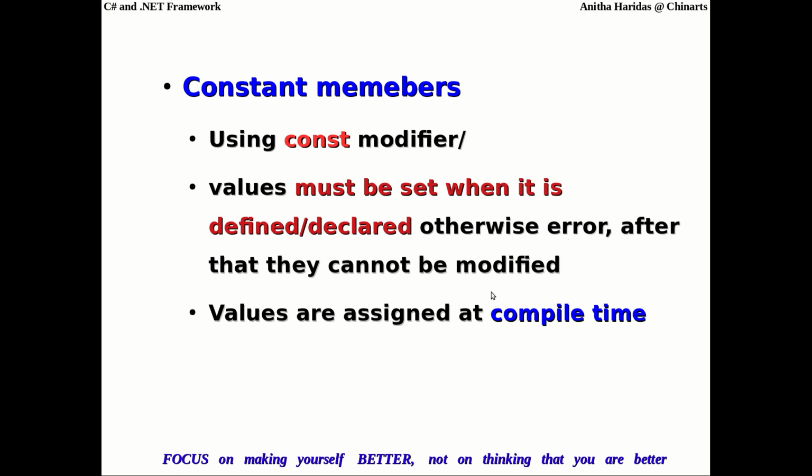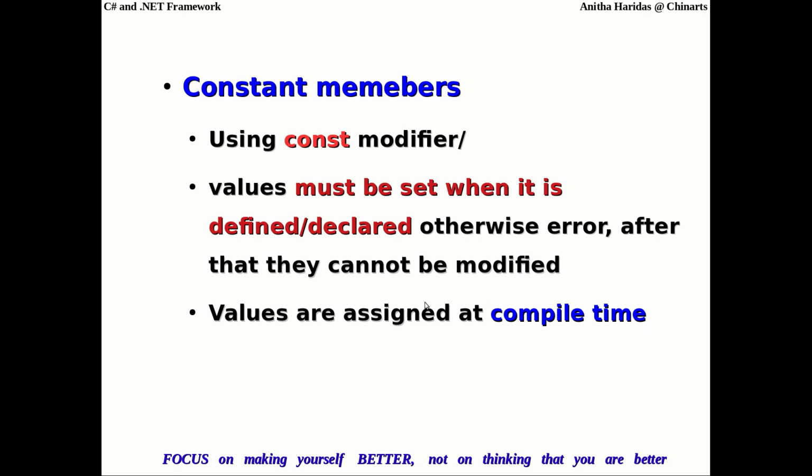After that, you cannot modify the value because the values of a constant member will be assigned at the compile time itself. So, when you declare a constant member, at that time itself you have to assign a value to it and then you cannot modify that particular value in the program.